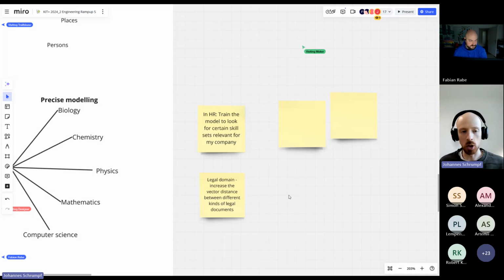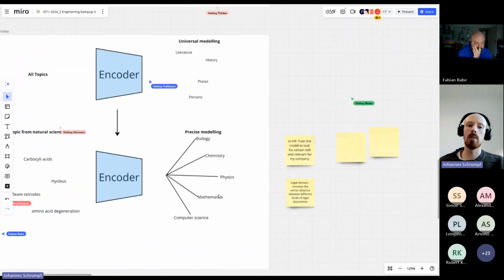When you try to build such a chatbot, you might be able to leverage the knowledge in your company to build something very unique that couldn't be built by other companies, just because you have so much domain knowledge. And there it makes sense, if you build a RAG system, to fine-tune the encoder on the documents that you have in order to make it knowledgeable in the domain that you are operating in.